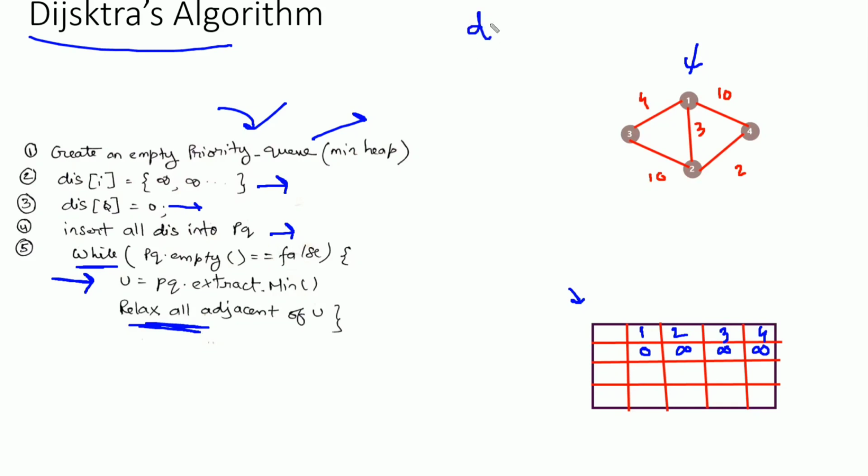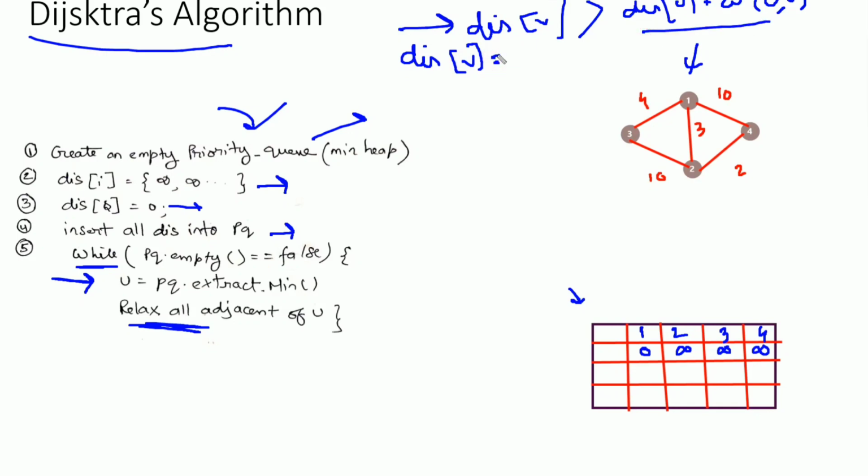Relaxation means: if the distance of the adjacent vertex v is greater than the distance of the current vertex u plus the weight between u and v, then I'll update the distance value of v from the initial maximum value to this value. This is the relaxation operation I'm going to perform for the adjacent vertices of the current vertex u. So first of all I'll do extract min.